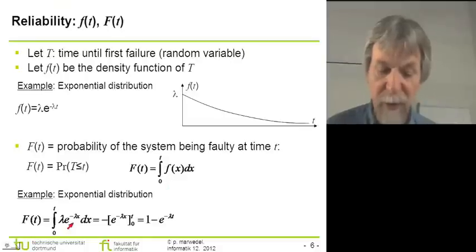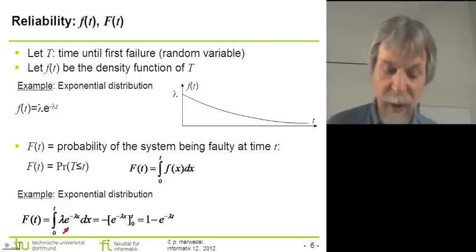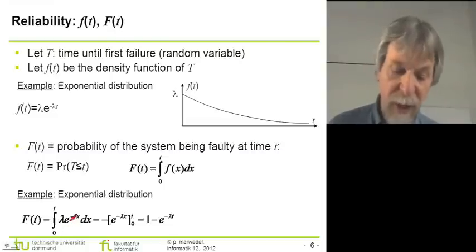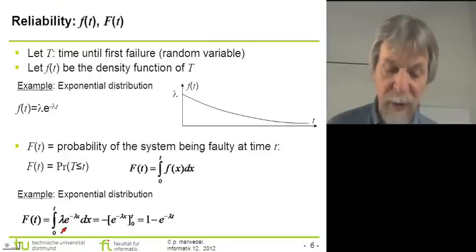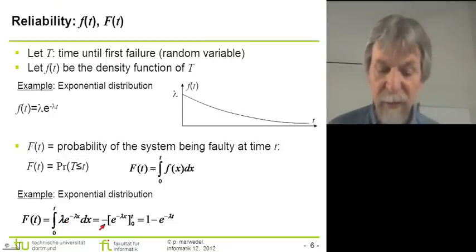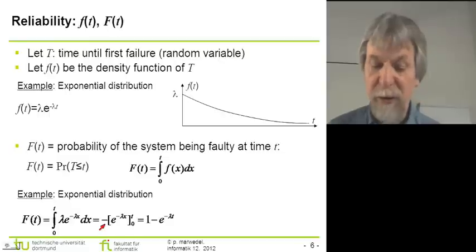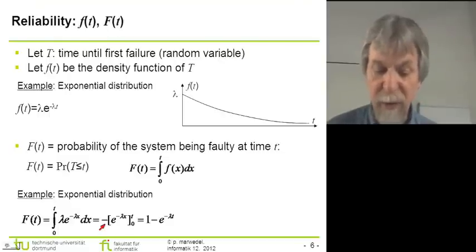We have to integrate this density function, and when we do this integration, a factor of minus lambda will be propagated into the denominator, and as a result, we will have this expression for the evaluation of that integral.